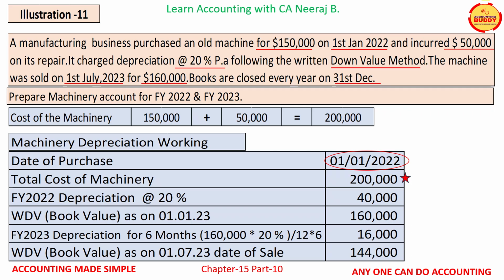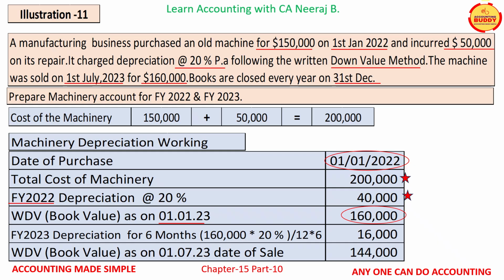Depreciation for the financial year 2022 provided at the rate of 20% per annum on $200,000 will be $40,000. When we deduct the depreciation of $40,000 for the financial year 2022 from the original cost of the machinery of $200,000, we are left with a WDV balance of $160,000 as on 1st January 2023.